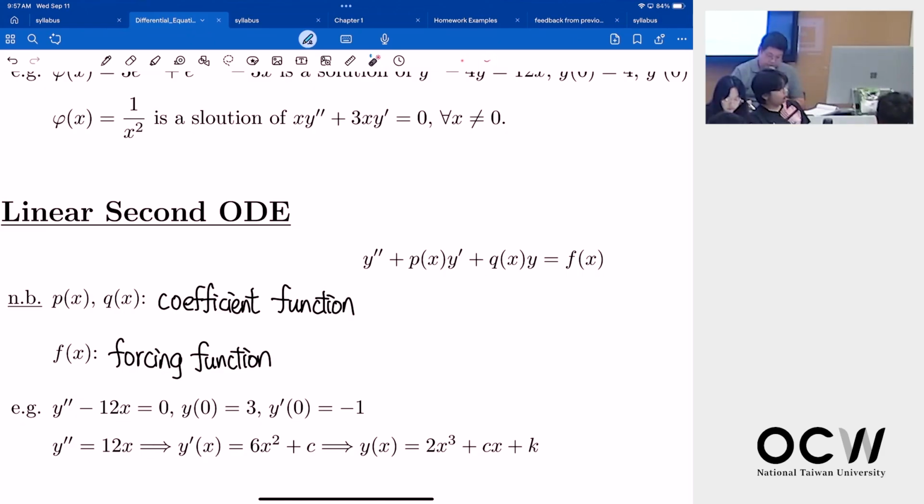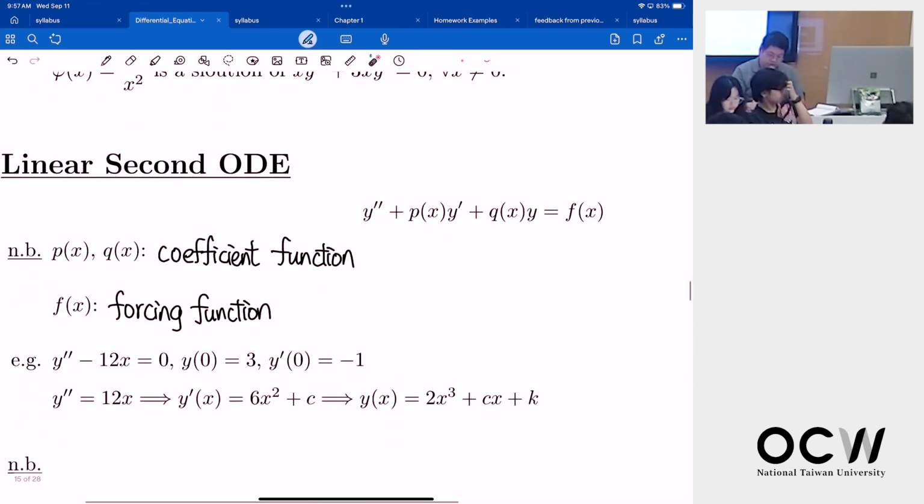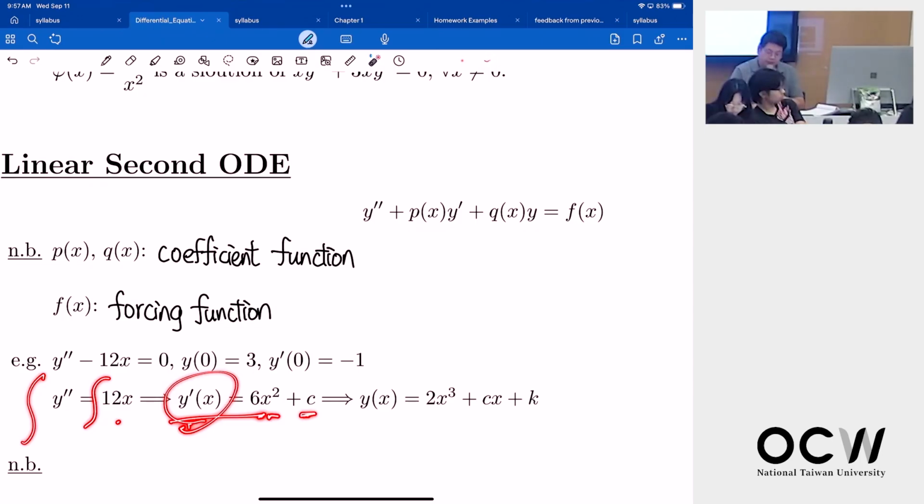So for example, like here, this is our differential equation. Then y double prime equals 12x. When you take the integration, you get y prime only. And here is 6x squared plus c. And then you take the integration again. So that's why you have a c and k, these two constants.